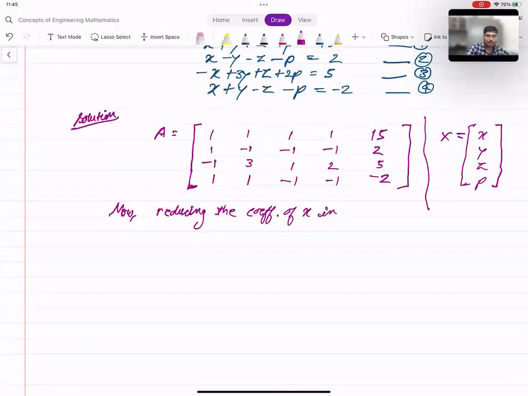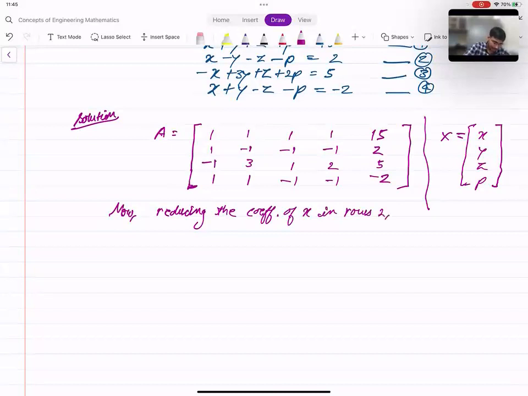Actually every value in the first column will be the coefficient of x. But we will take row 1 here for x.